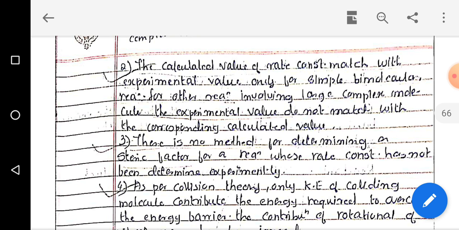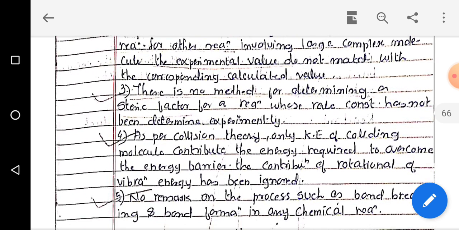If any theory is perfect and ideal, it should match for all conditions, all types of molecules and various types of reactants. So this is the demerit: it cannot be perfectly matched for unimolecular reactions, meaning the experimental and calculated values do not match in the case of unimolecular gaseous molecules.